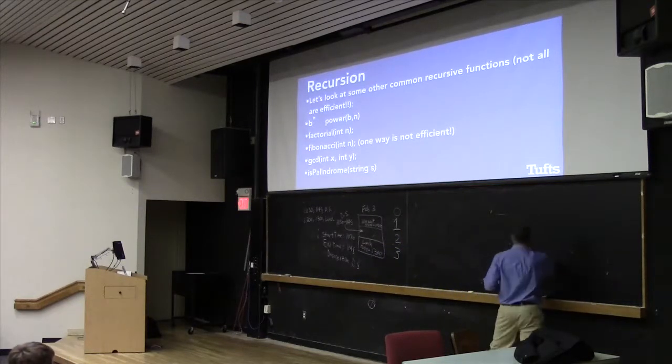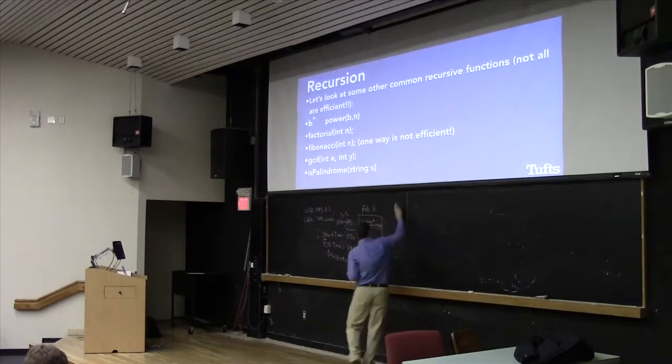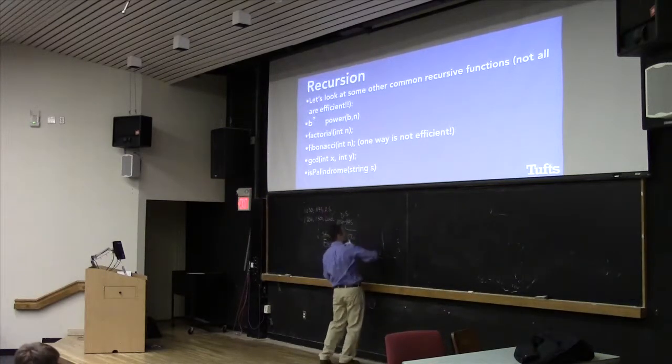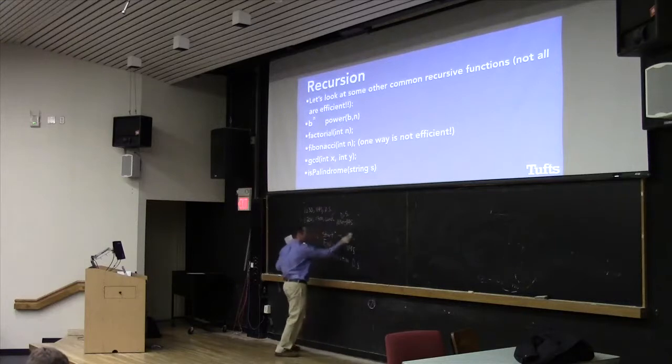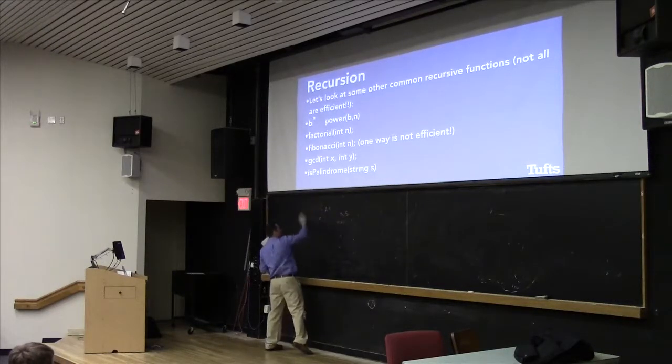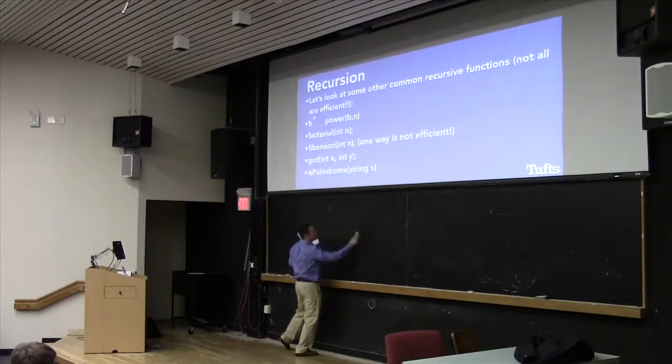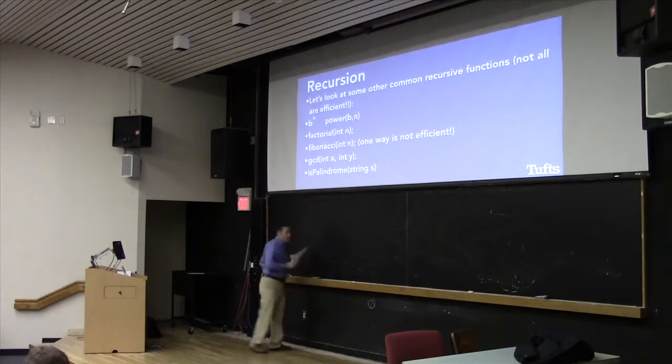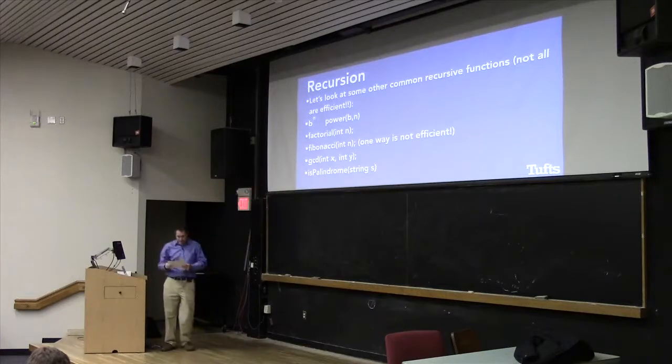So let's say we wanted to calculate the power, one number raised to some other number. OK? Can we do this recursively? Well, let's see what we're talking about here. OK?